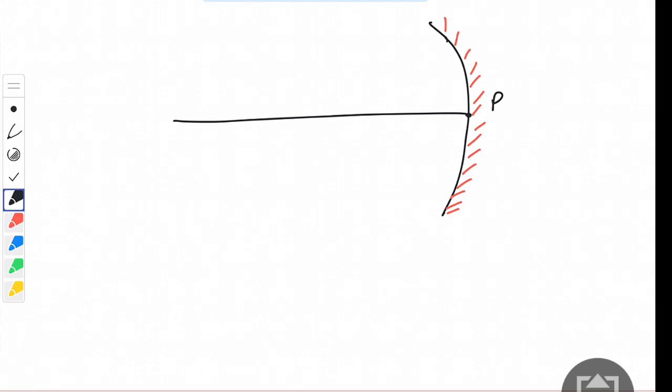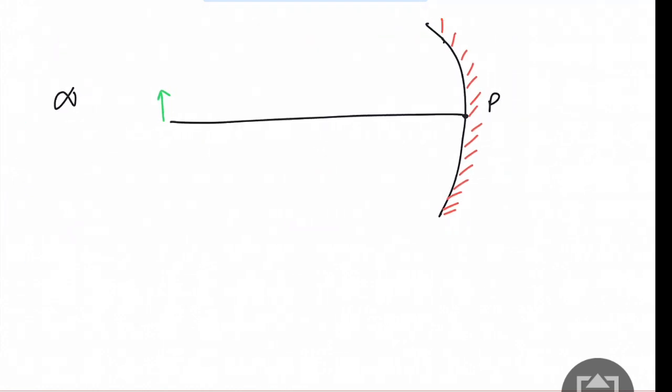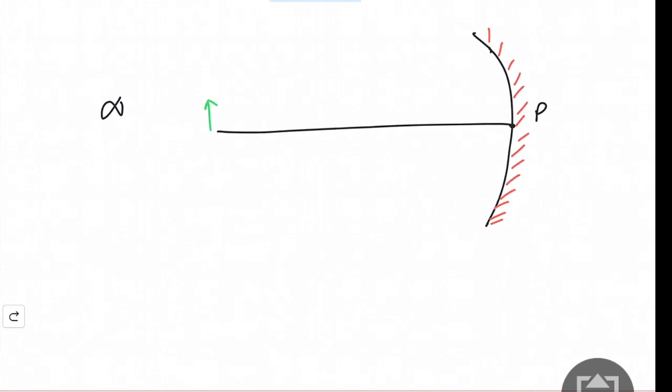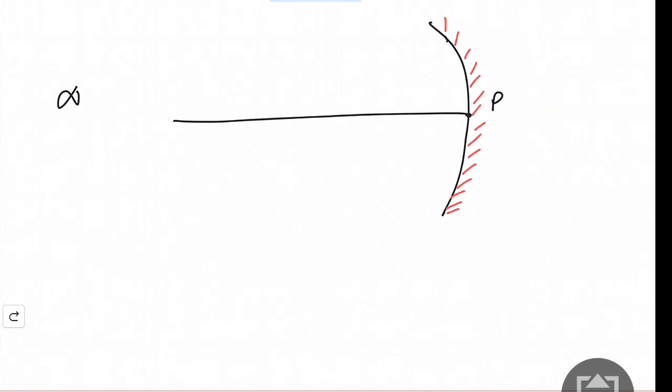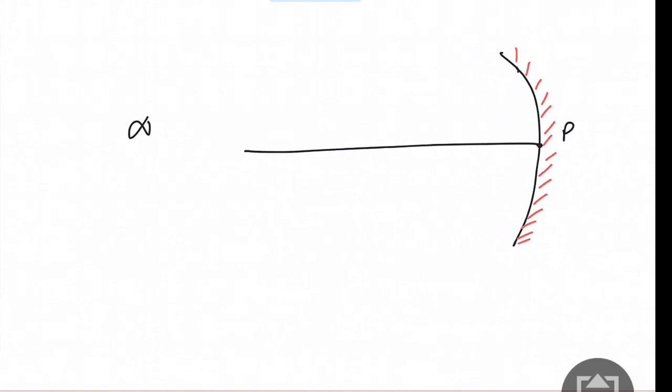Let's say I have an object which is at infinity. What does that mean? Let us say there was some object here. Now we move it farther, and keep going for a very long time.